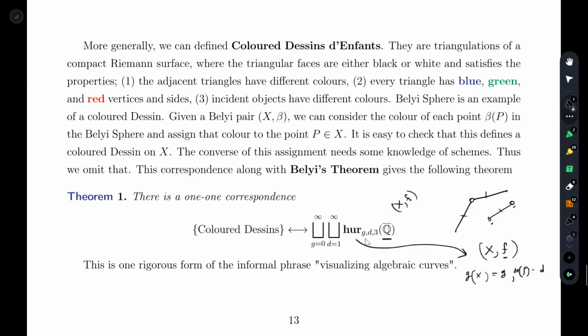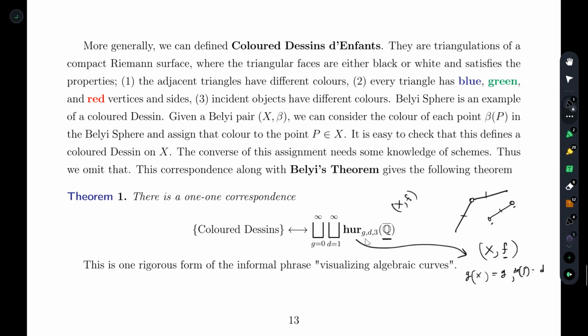But do we understand something about the underlying curves, their equations? No, it's not entirely clear, because you initially define this with the use of Riemann surfaces, not algebraic curves.